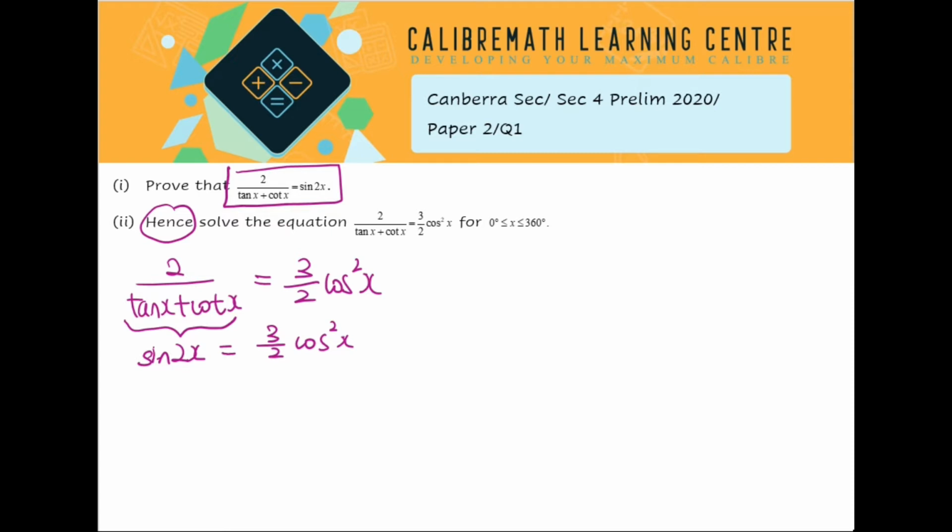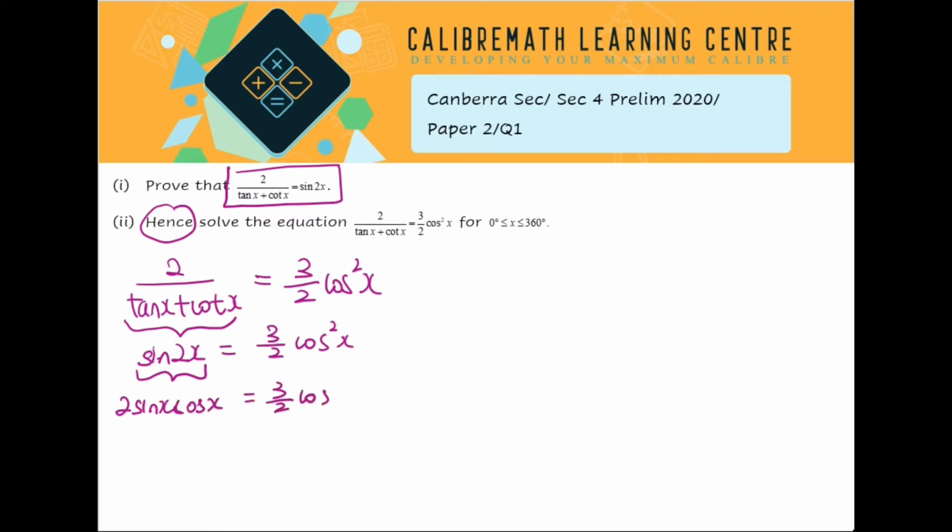Now you realize that there are no common terms between the two sides. So we will need to substitute sine 2x to become 2 sine x cosine x.